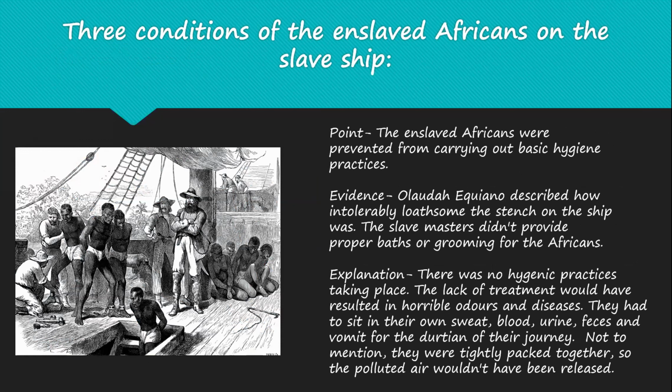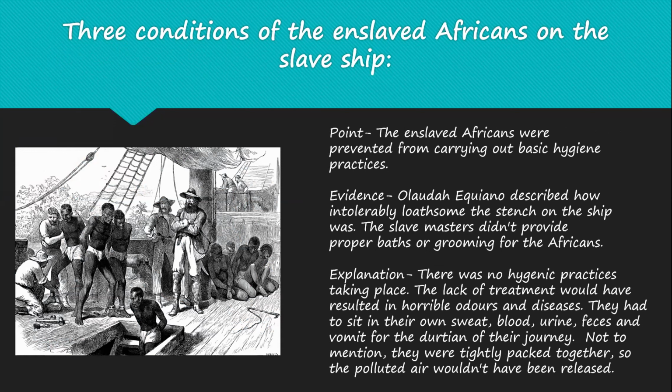The enslaved Africans were prevented from carrying out basic hygiene practices. Sir, how do you pronounce that person's name? Olaudah Equiano. Yes, he described how intolerable the stench on the ship was.